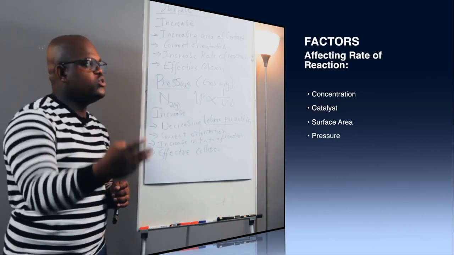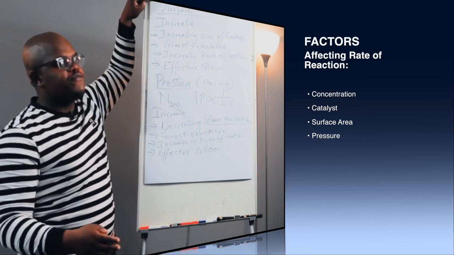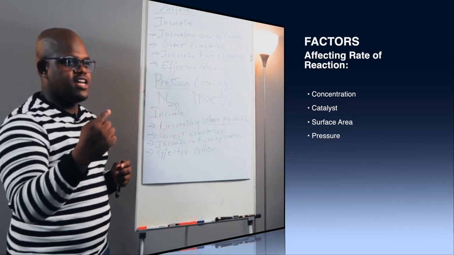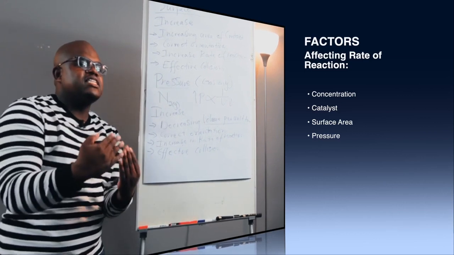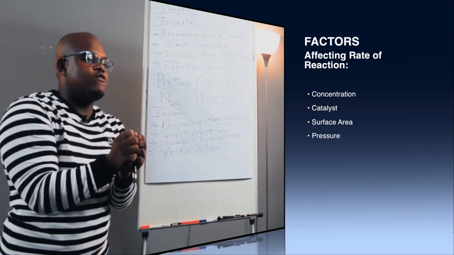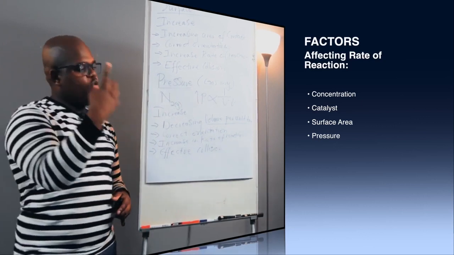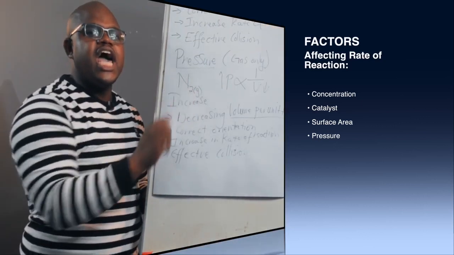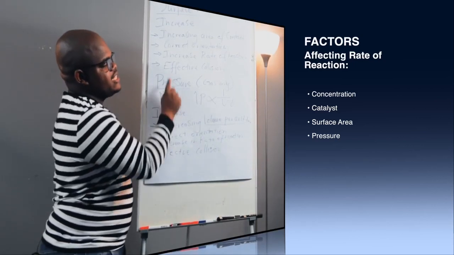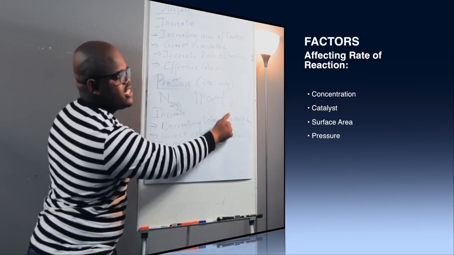Then we continue to what? We continue to surface area, okay? We said what? When I increase the surface area, I'm what? I'm increasing the area of contact. There will be increase in area of what? Contact. And then we concluded with what? Pressure. And we said it applies in only gases. When I increase the pressure, I'm decreasing the what?